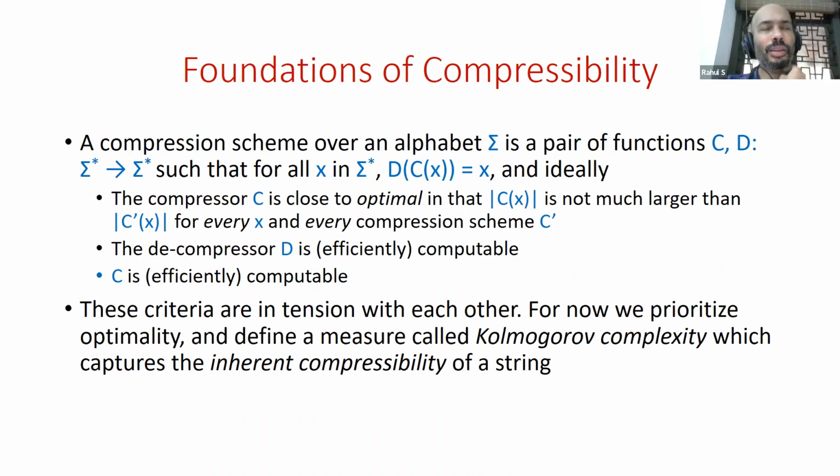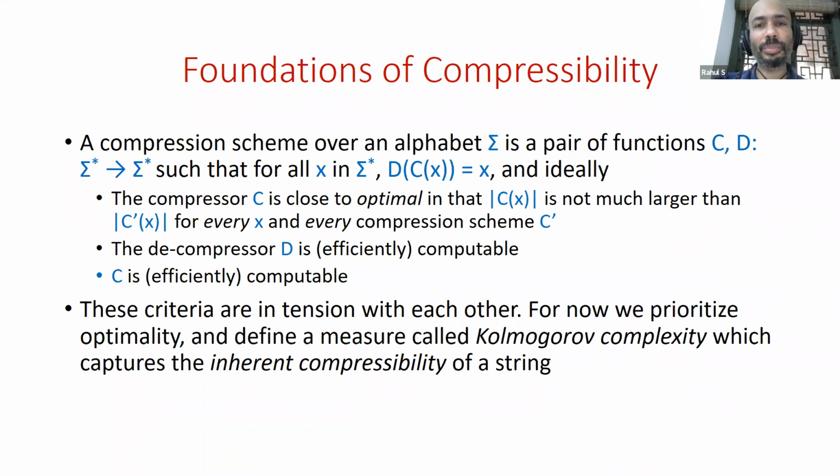But just to step back a bit in terms of laying the foundations of compressibility, what do we mean by a compression scheme? Let's fix some finite alphabet sigma, for example, the binary alphabet. By a compression scheme, we mean a pair of functions, a compressor C and a decompressor D, which are both from strings to strings, such that for all strings over the alphabet sigma, when you compress a string and then decompress it, you get back the string.